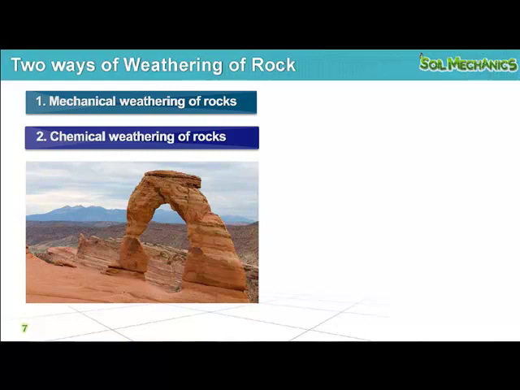The first is mechanical weathering of rock, and the second is chemical weathering of rock. So rock can be weathered in two ways: first is mechanical weathering, and the second is chemical weathering.